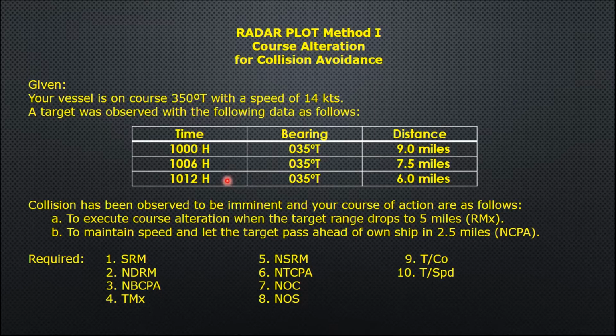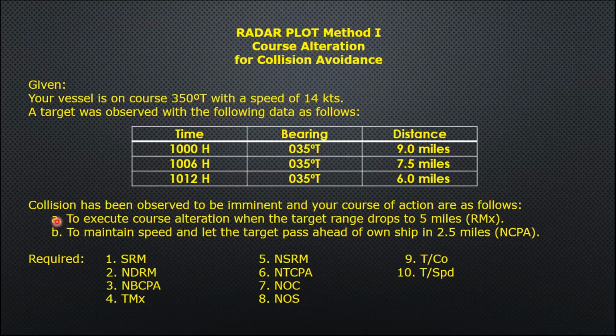The third observed position time is at 10:12 hours, having the same bearing of 035 degrees true with a distance of 6.0 miles. Collision has been observed to be imminent, and your courses of action are as follows.